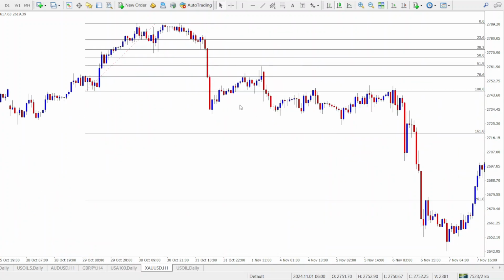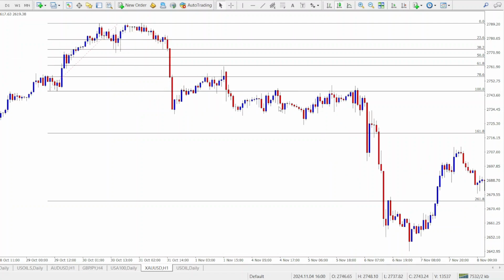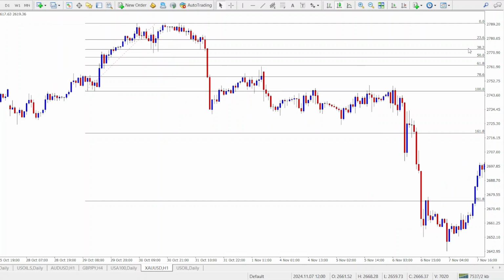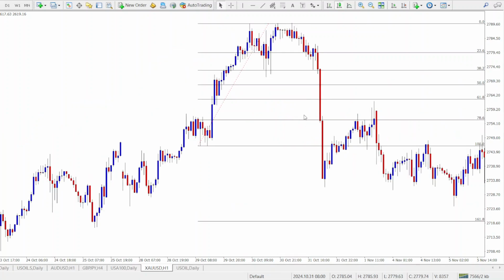Fibonacci levels are based on ratios derived from the Fibonacci sequence, like the 23.6%, 38.2%, 50%, 61.8%, and so on. These act as psychological levels where the price might retrace or bounce. When we use these levels to spot breakouts, it gives us a structured way to trade trends more confidently.